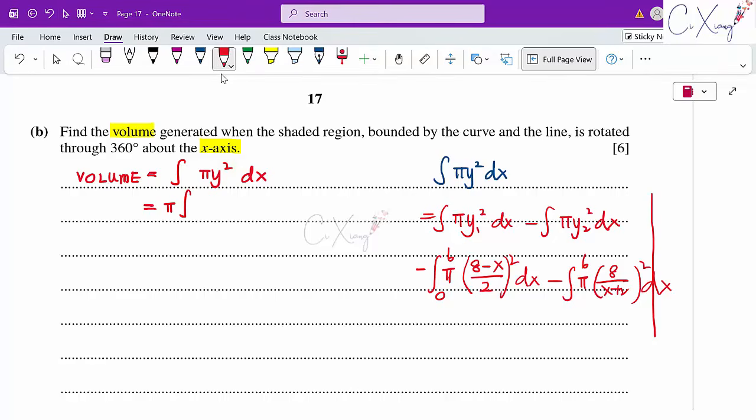It is a constant term, so I prefer to take it out before I integrate it. Right, and I'm having 0 here until the 6, then pi. This is the y, 8 minus x over 2, then squared. Okay, then after that, I have to minus also the pi. Then what do I have here? Still limit from 0 until 6, and I'm having 8 over x plus 2 squared.